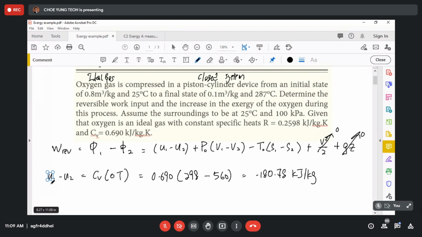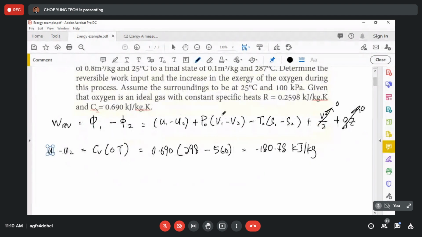So if I refer to the change of internal energy, sorry, I refer to U1 minus U2. So it have the negative 180. So it means that U2 have the higher energy than U1. Okay, so that the system is actually absorbing the energy from somewhere, okay, from outside the system.